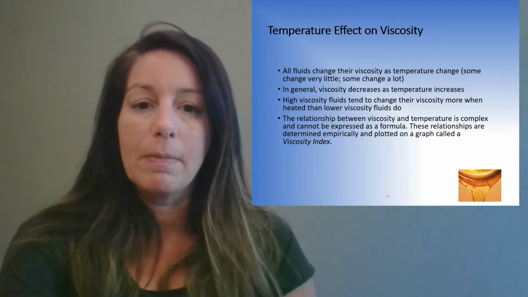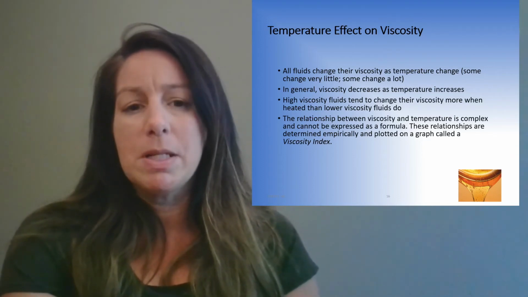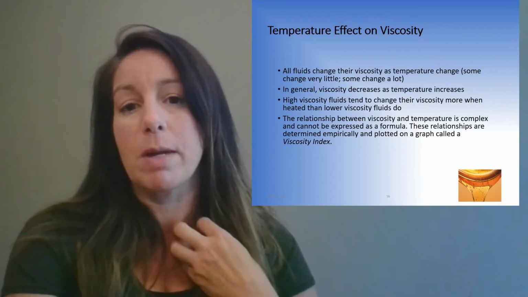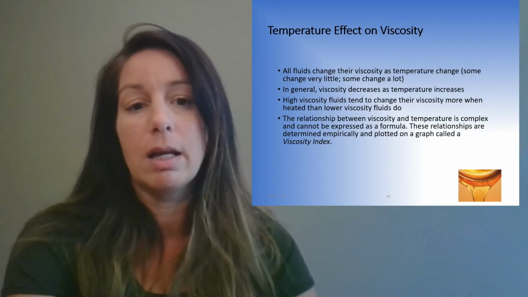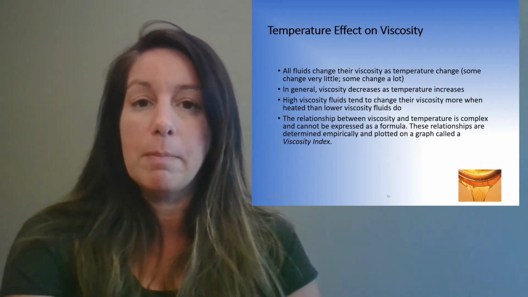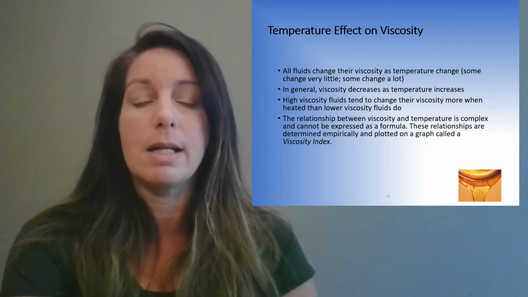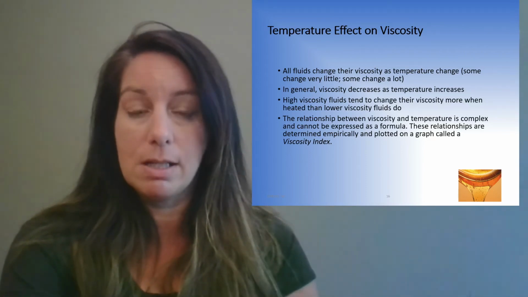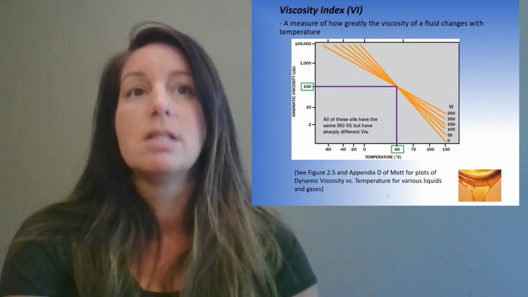More or less, okay? The relationship between viscosity and temperature is complex and cannot be expressed by a formula. Lots of times it's not linear, okay? The relationships are determined empirically, so through scientific analysis, and plotted on a graph called the viscosity index. So this is what it looks like.